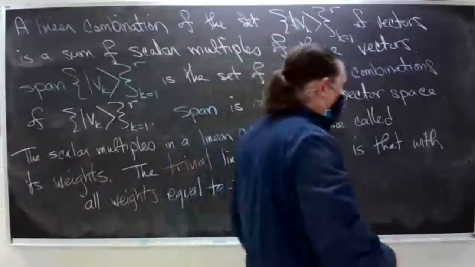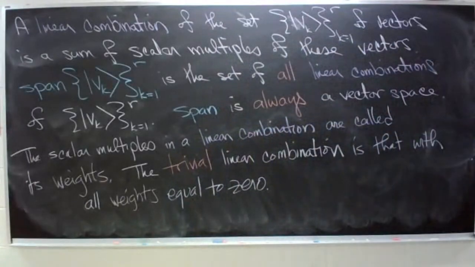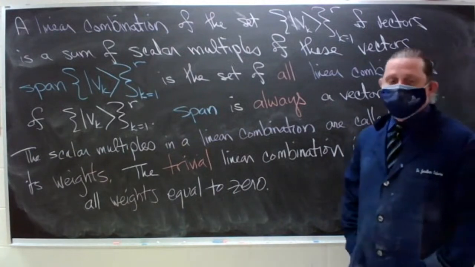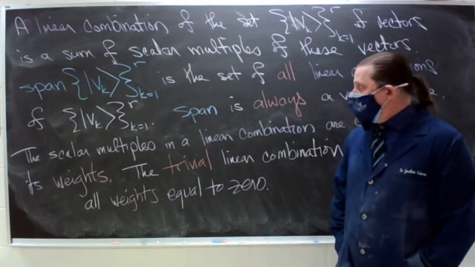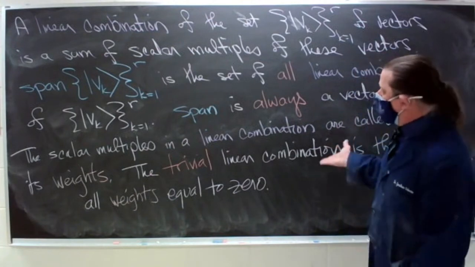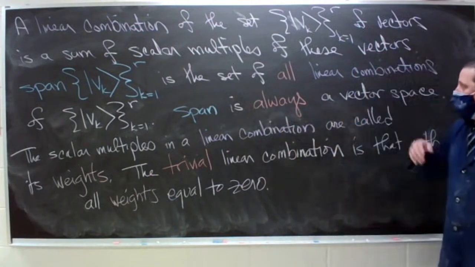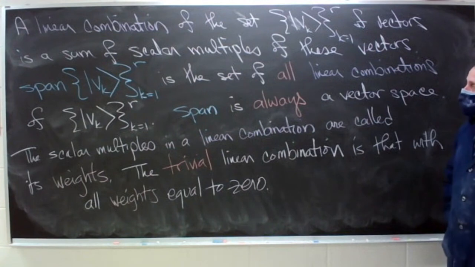Okay? All the weights equal to 0. We said that that was an obvious way to get the 0 vector. All right? All right, so we've got all this business, span, always a vector space.